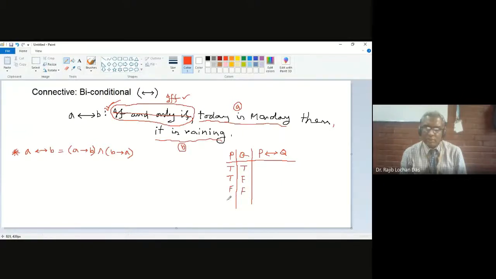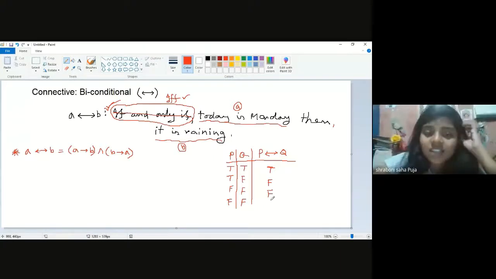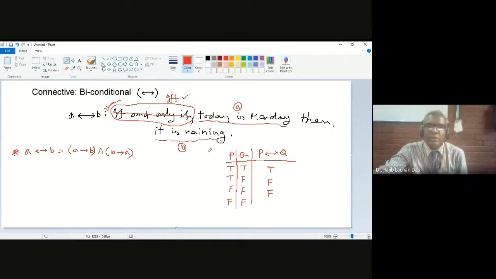So the result will be: true, true is true; true, false is false; the third one, false, true, is false; and the last one is true.